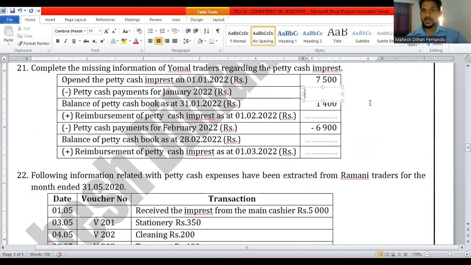The balance is 7,500. So at the end of the first month, there is only 1,400 as the balance. My question is, what has to be the petty cash payments for January?